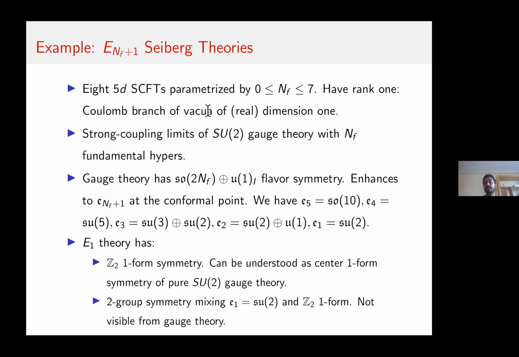This means that the conformal theory admits a Coulomb branch of vacua, which has a real dimension equal to 1. These theories are strong coupling limits of SU(2) gauge theories in 5 dimensions in the way I discussed on the previous slide. And the parameter NF becomes the number of fundamental hypermultiplets that the SU(2) gauge group carries.